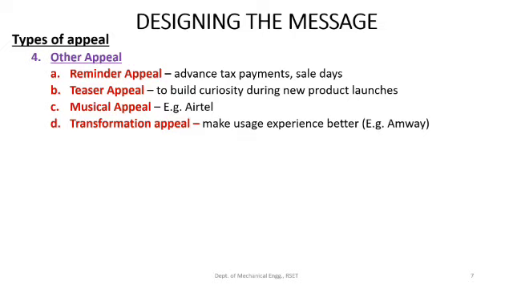Okay, for example, if you are a subscriber or a person using an online shopping site like Amazon, there are their flash sale dates, their Amazon sale dates, for example the Black Friday sale, which is very common in the US. So once you have messages that remind people about such kinds of deadlines, such kinds of dates, such kinds of appeals are called reminder appeals.